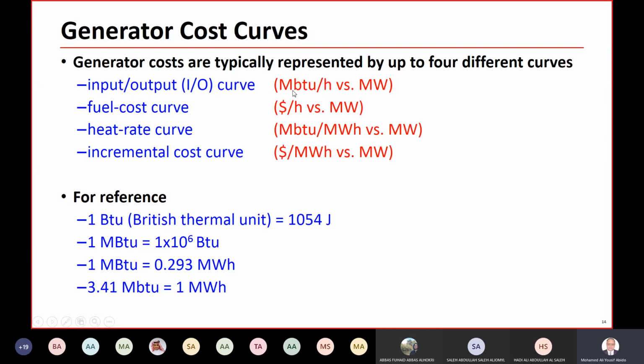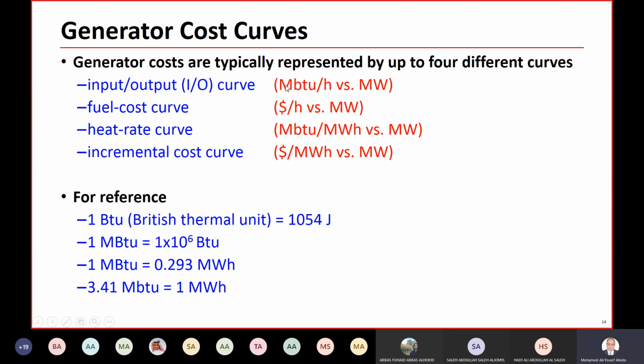You have the fuel, and each fuel has a certain British thermal unit content. So the amount of fuel that you use gives you the amount of British thermal units input to the generation plant.